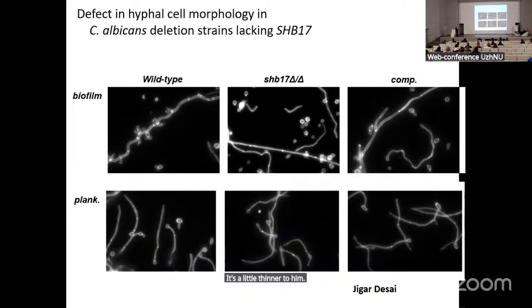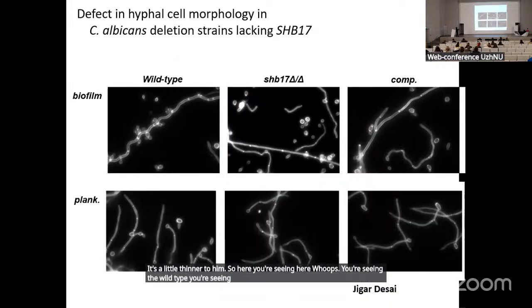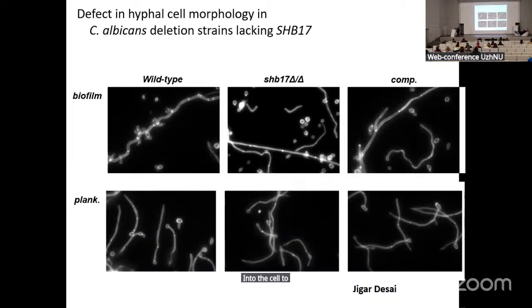So here you're seeing the wild type, this is when you knock out SHIB17, and this is when you reinsert SHIB17 into the cell to double check that your removal of SHIB17 really is responsible for the effect you're seeing.